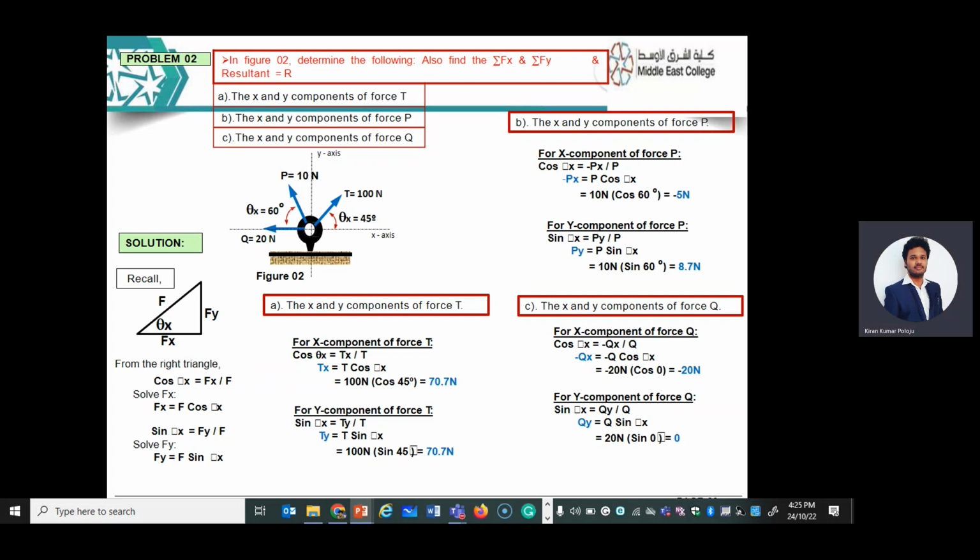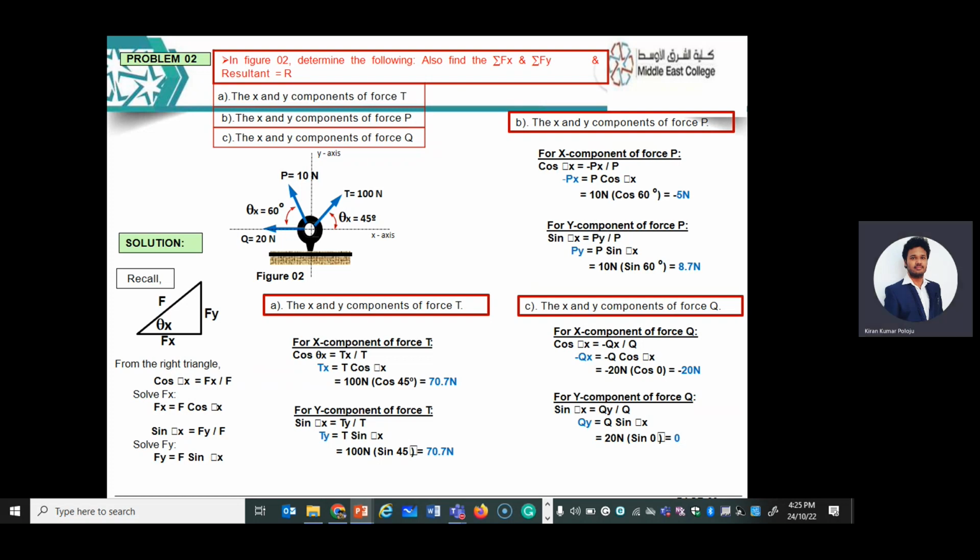Relating to our topic: if any force is acting exactly on this line, it is exactly 90 degrees. And if any force is acting exactly at the center, this is 45 degrees. So these are the basic things you have to remember. No need to be thorough with the mathematics for this. If any force is acting exactly on the line, it is 90 degrees. If any force is acting exactly at the center of the first quadrant, it is 45 degrees.